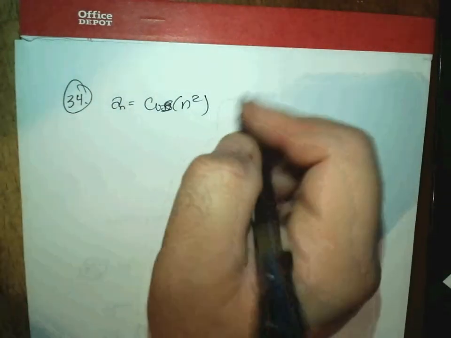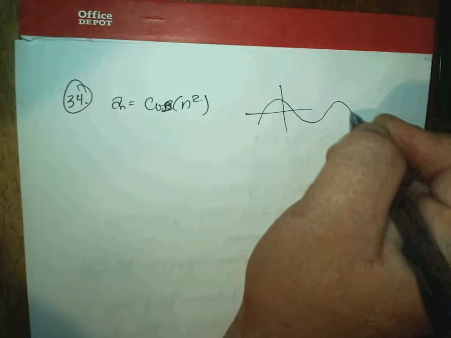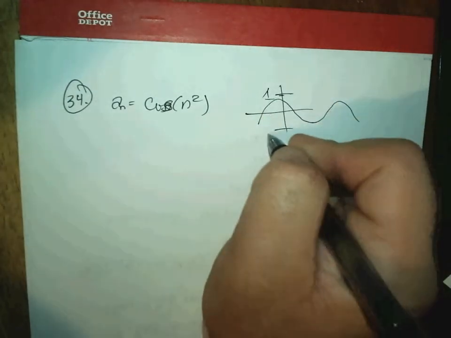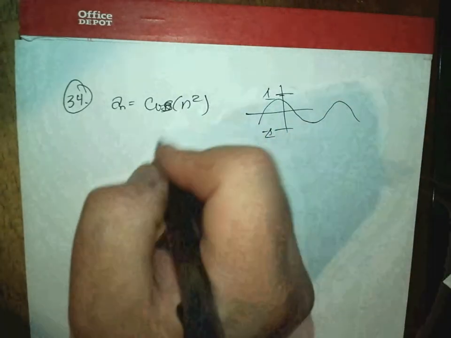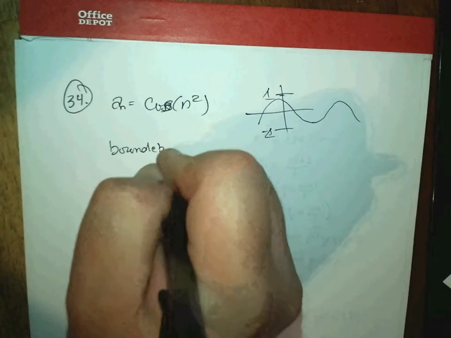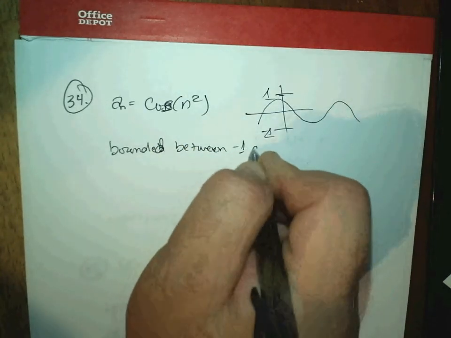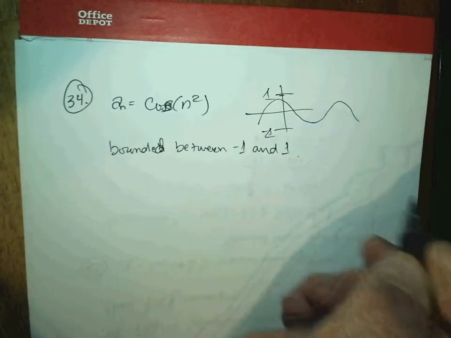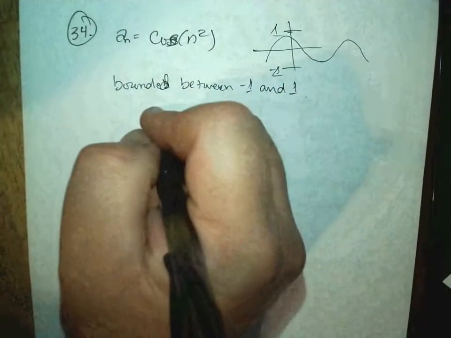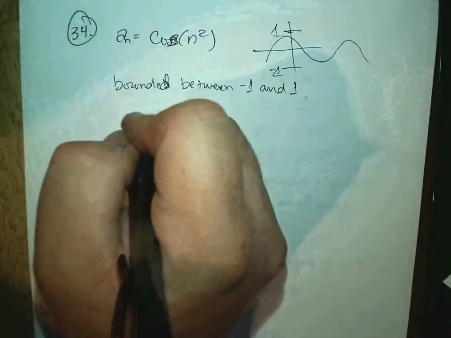And the question again, is this bounded? Is it monotone, increasing or decreasing? Well, certainly the cosine function is bounded. You know that the cosine wave is trapped between a height of 1 and a height of negative 1. So this is bounded between negative 1 and 1, for sure.